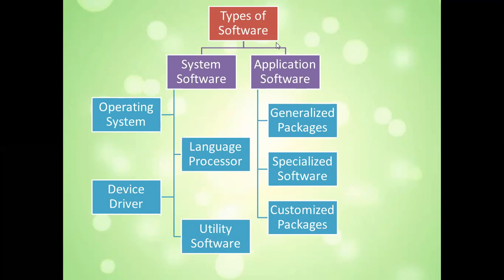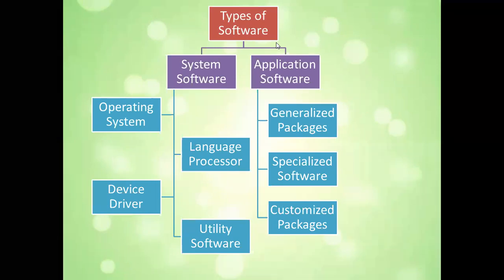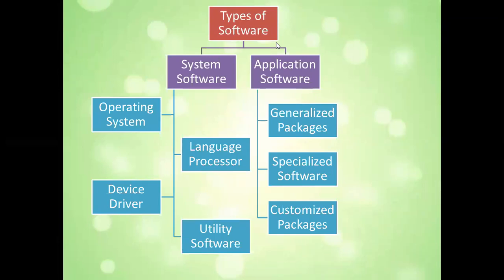Suppose I have written 10 lines of code, it will convert the whole code in one go and translate it into computer language. The computer will process that instruction and give the output, and the output will again be translated to our language using the language processor and presented in front of us. So basically the language processor is doing the translation work between us and the computer.